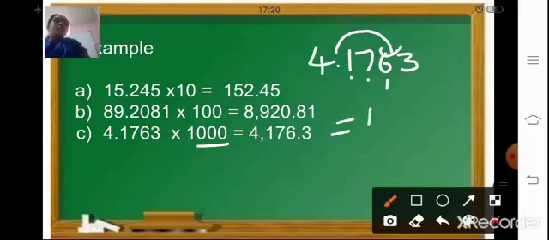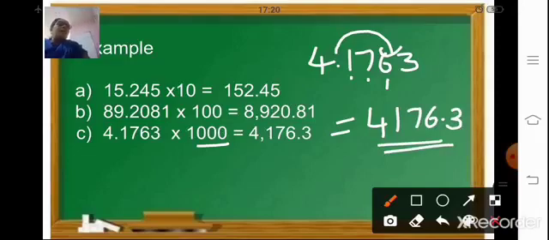So your answer is 4176.3. Yes. So to multiply a decimal number by 10, 100 or 1000, you just shift the decimal point to the right as many places as the number of zeros in the multiplier. Okay.